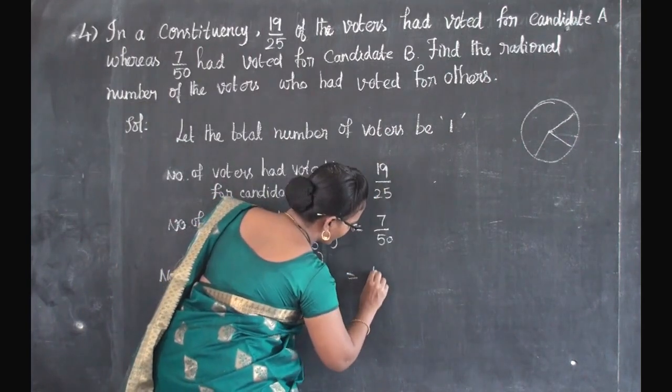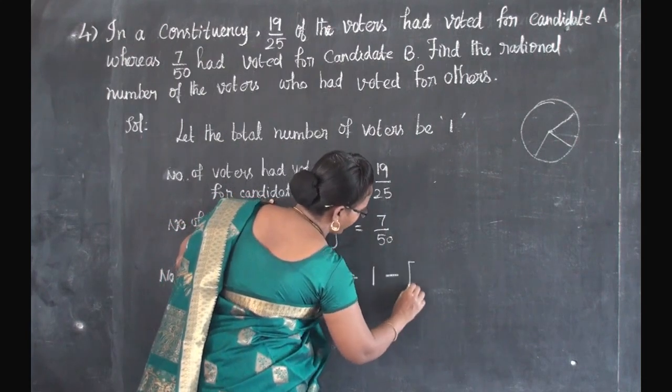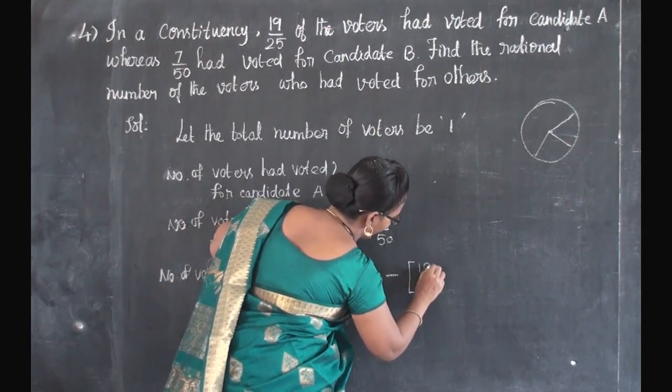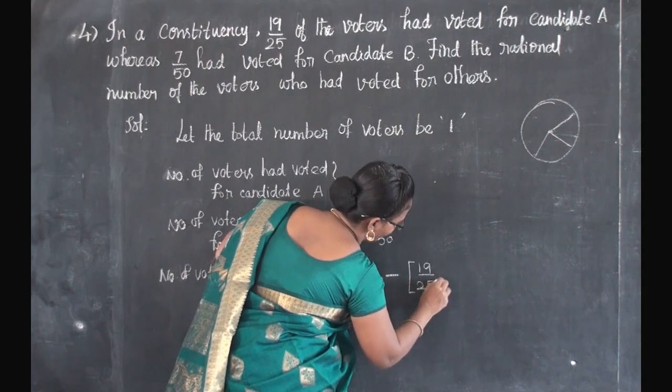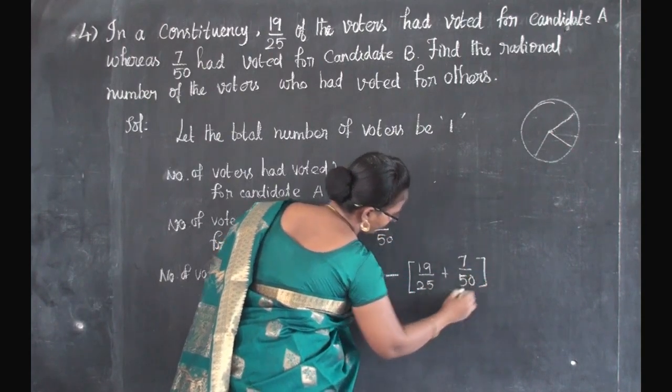So total number 1 minus voters for candidate A and B, means 19 by 25 plus 7 by 50.